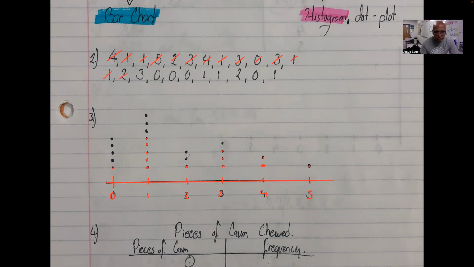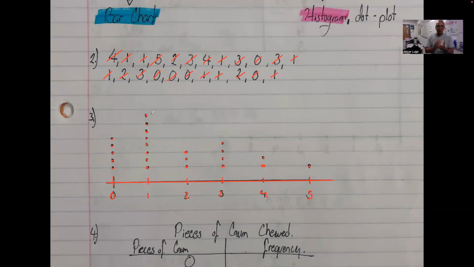Here's a 2. Here's a 3. We have 1 0, 2 zeros, 3 zeros, a 1, another 1, a 2, a 0, and a 1.